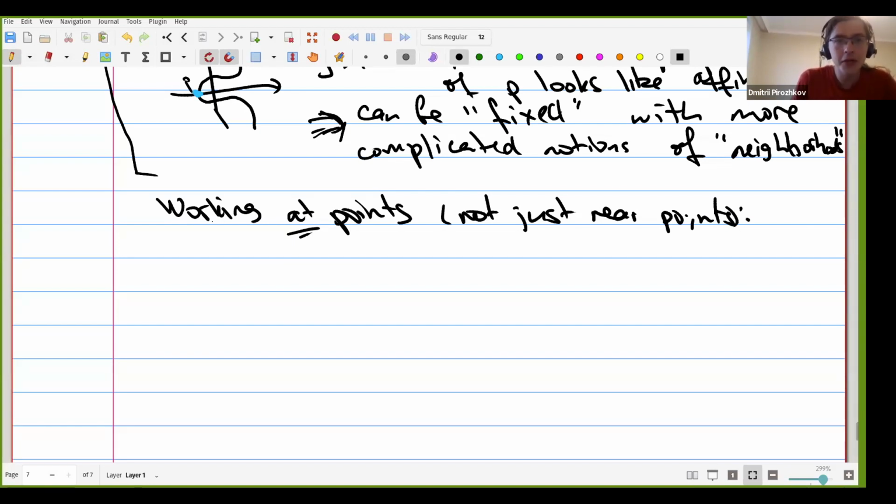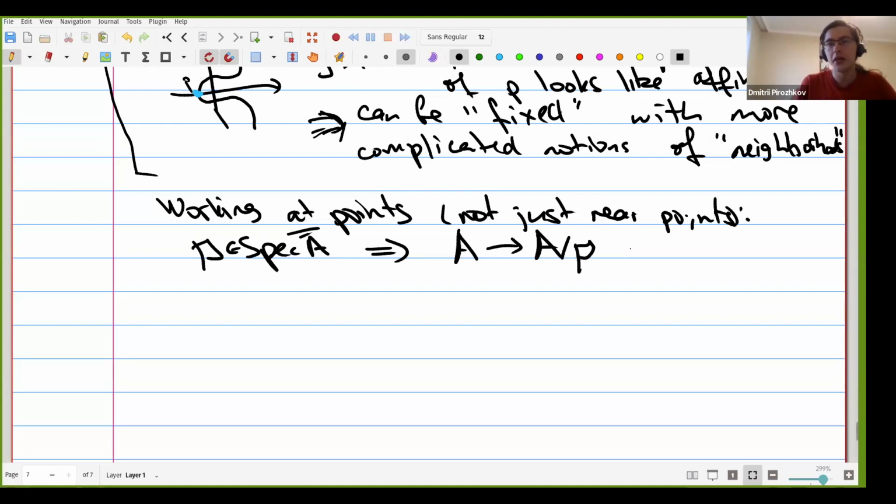So what I mean here is that if you have P in Spec A, then instead of the localization, you also have a map from A to A modulo P. So just take the quotient by this prime ideal. Similarly, if you have a module, you can make a module M modulo P as usual.